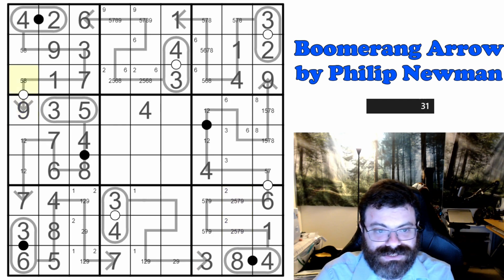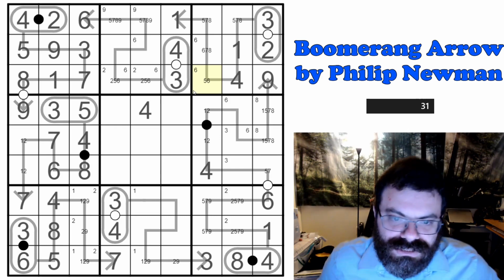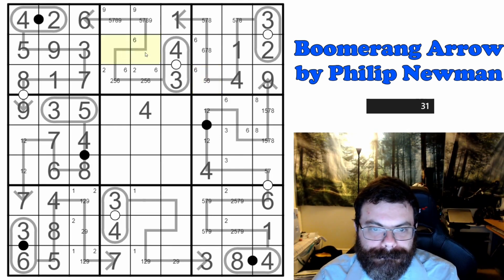Ah, this white dot here, this is an 8, 5. Sorry for missing that for so long. These aren't 8. Does that mean this is 6, 7, 8 left?